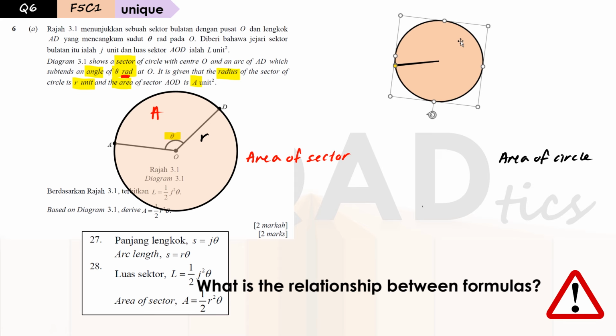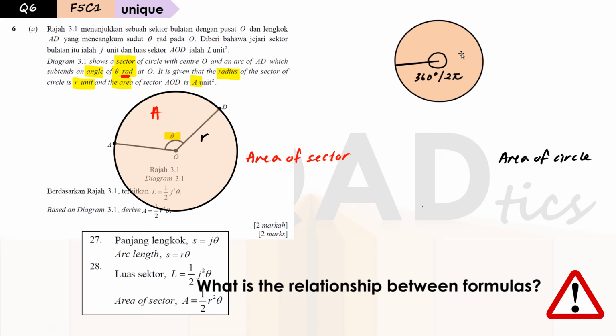For circles, as we know, the angle is the entire turn, or one turn. And one turn is 360 degrees. But in the question here, we are using radians, so we need to change it to radians, which is 2 pi. So the angle of the entire circle here is 2 pi.